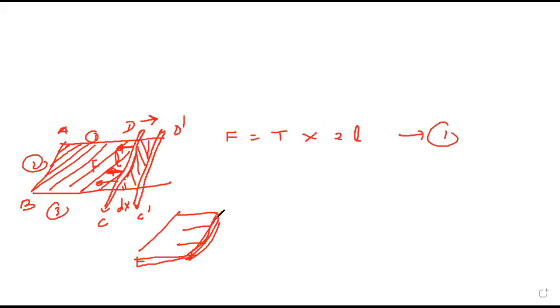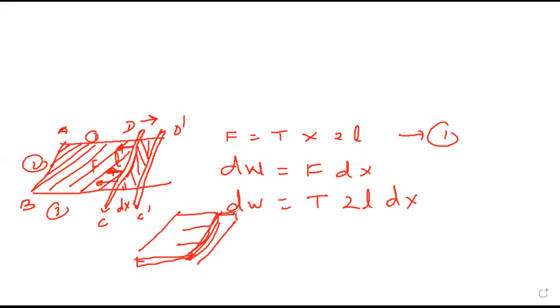Let the side CD be moved slightly by a distance dx against this cohesive force. So the work done against that force is force into displacement, that is T into 2L into displacement. The frame has increased a bit, which means L dx from the top and L dx from the bottom.